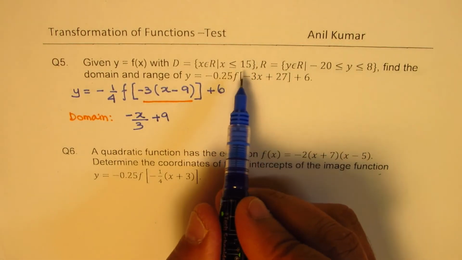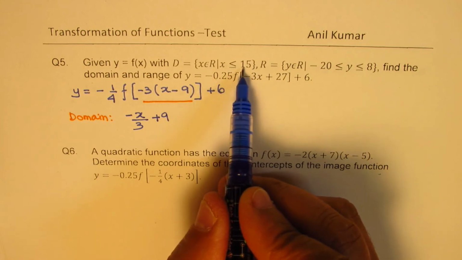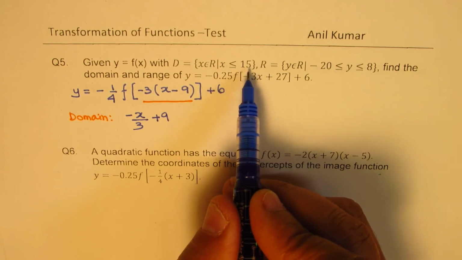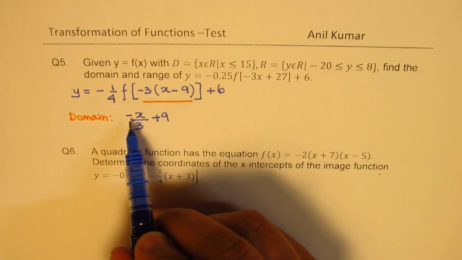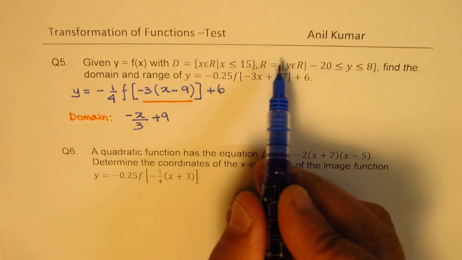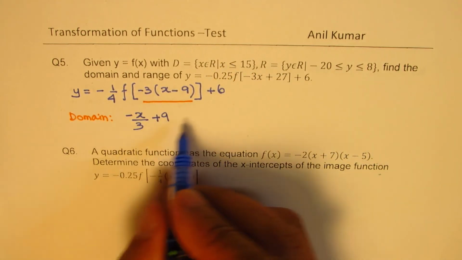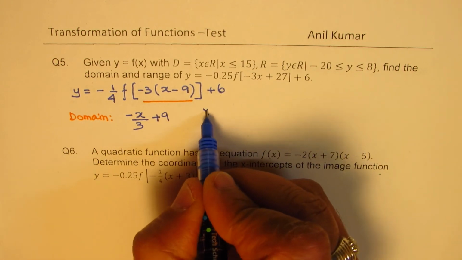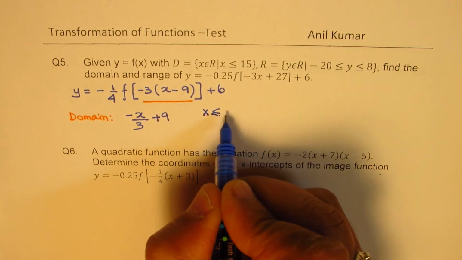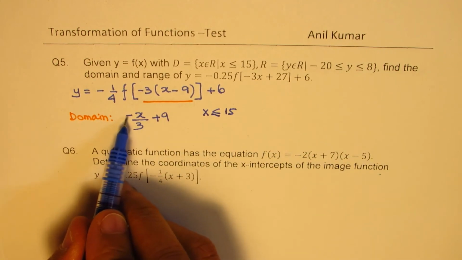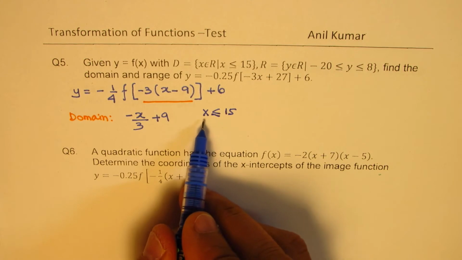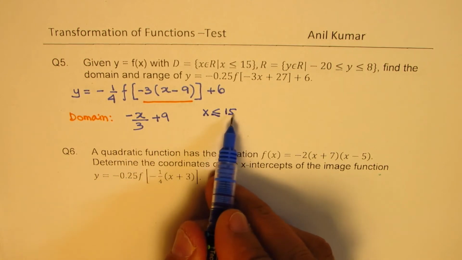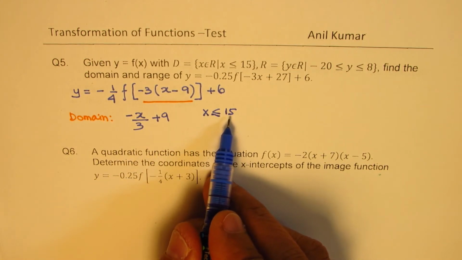We are looking into x less than or equal to minus 15. Now when you say x is less than or equal to minus 15, when you multiply by negative 1/3, the sign changes. Do you see that? So what we have here is x is less than or equal to 15. Now when I do minus of this and then divide by minus 3, in that case it becomes greater than minus 15. Do you understand?